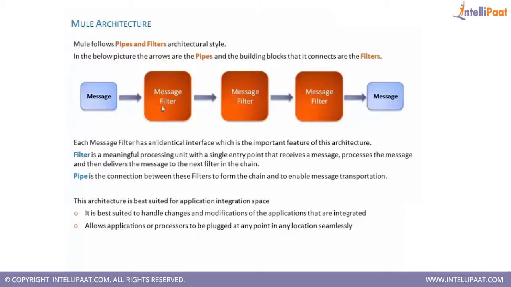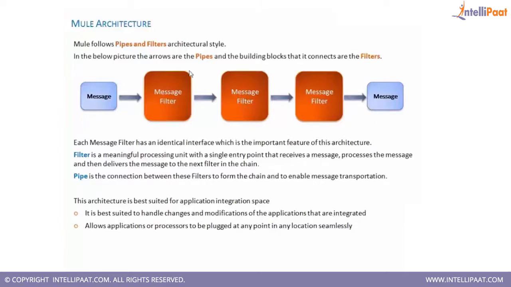So message filters can be of various kinds. It can be a transformer, it can be a router, it can be a component which performs some business logic specific to that particular domain. It can be anything. So this architecture provides us the flexibility of just taking a message filter out and putting it elsewhere.